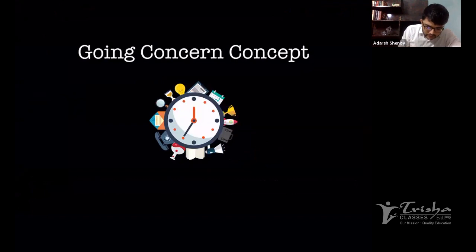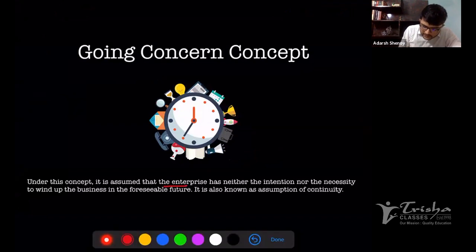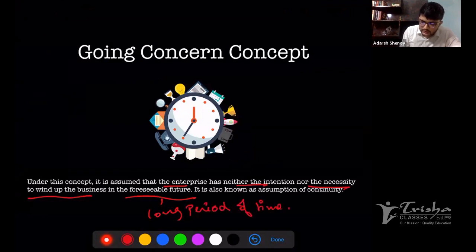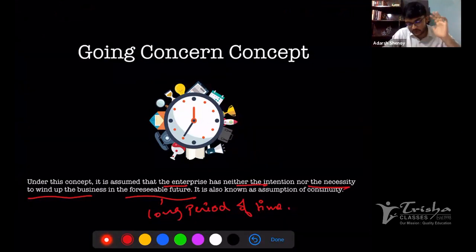Look at this. Under this concept, it is assumed that the enterprise has neither the intention nor the necessity to wind up the business in the foreseeable future. Foreseeable future means a long period of time. It is also known as the assumption of continuity.